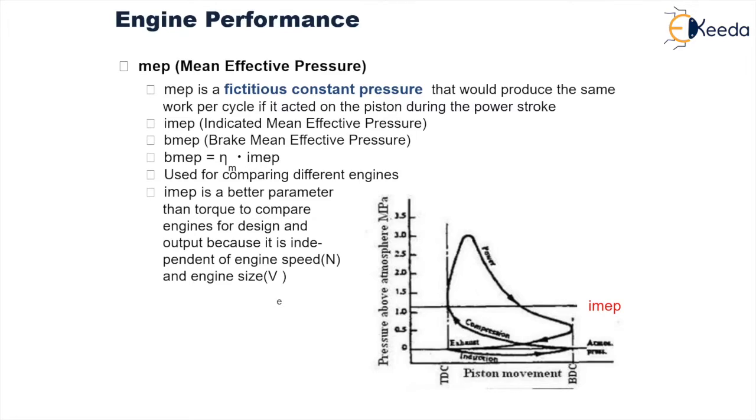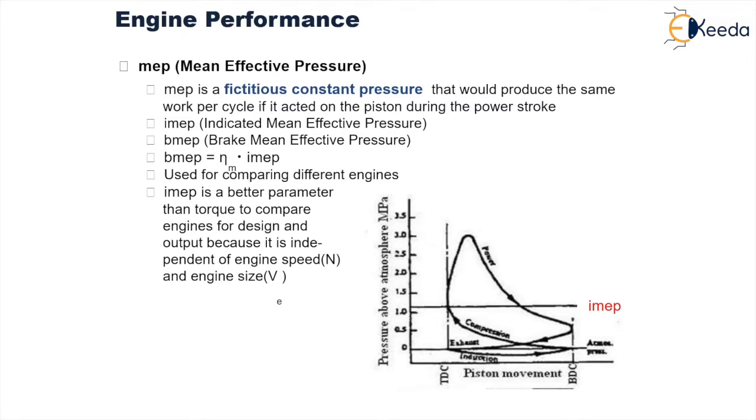This helps us to obtain a PV, that is pressure volume, or P theta, that is pressure and crank angle rotation diagram respectively. Nevertheless, the continuous variation in this does not readily apply for simple mathematical analysis. That is, mathematical analysis is not so easy to perform in this case when continuous variation is considered.